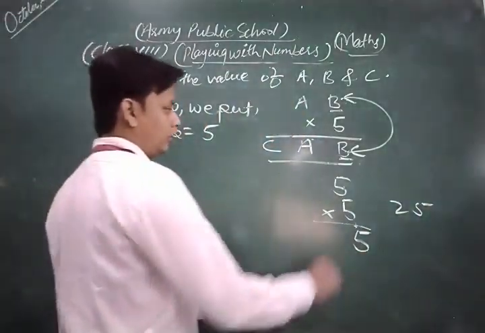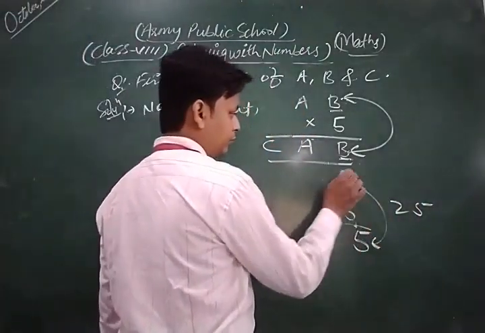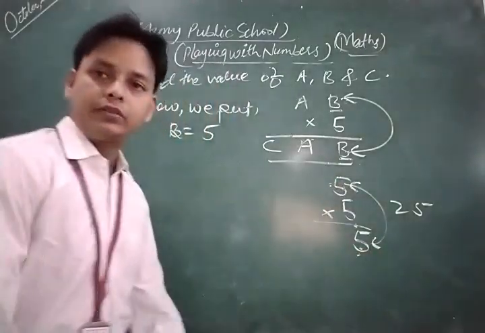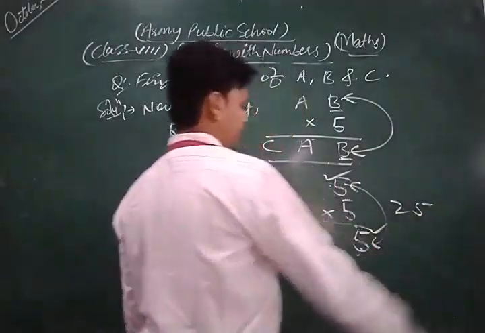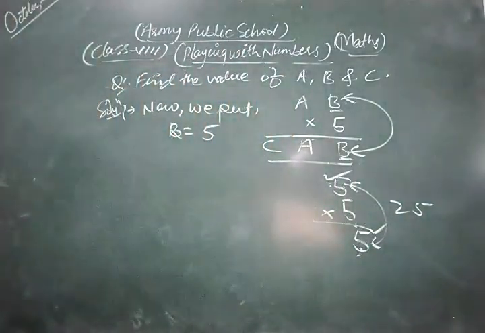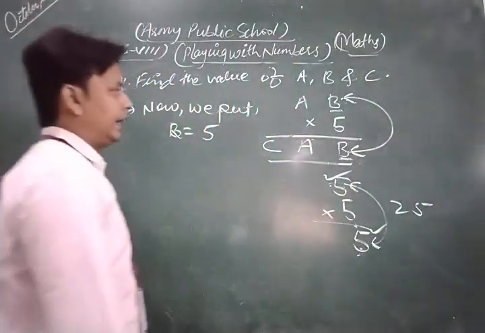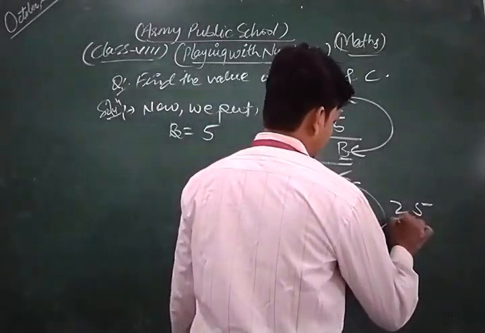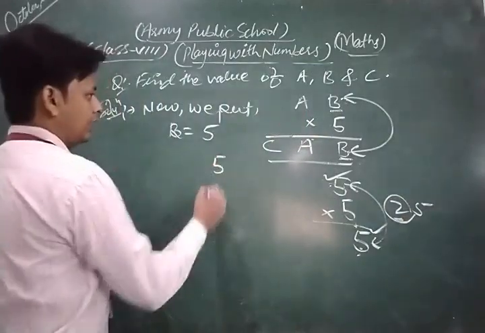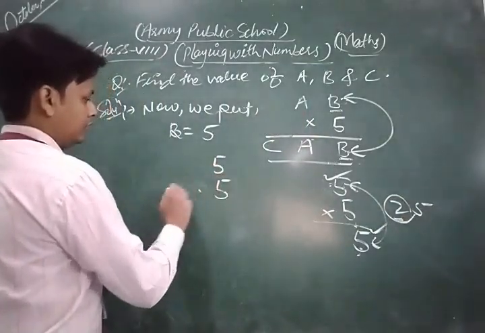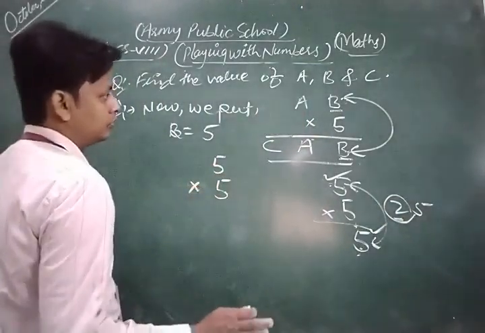So the value of B satisfies here. If we put 5, then the unit digit of the result is also 5. So this is 5, this is 5. Now carry is 2.